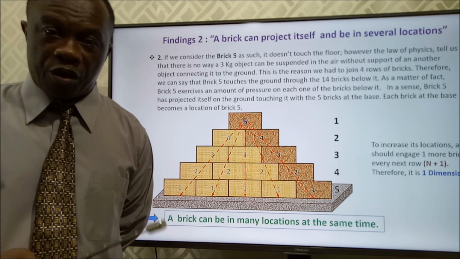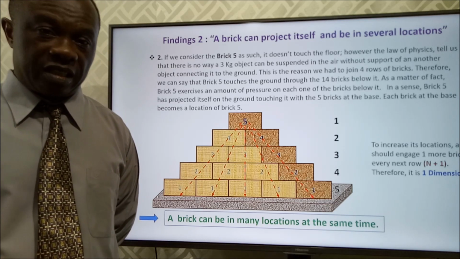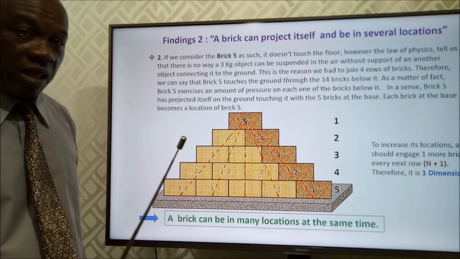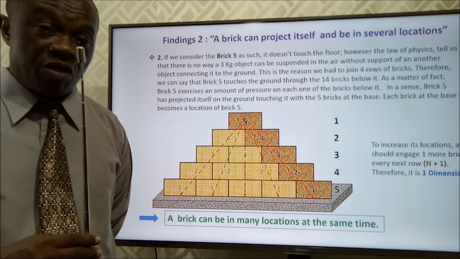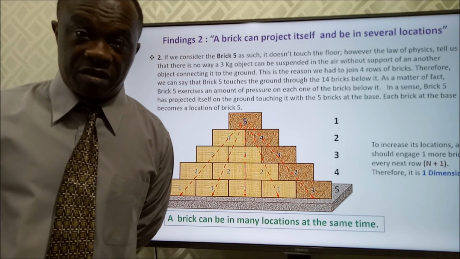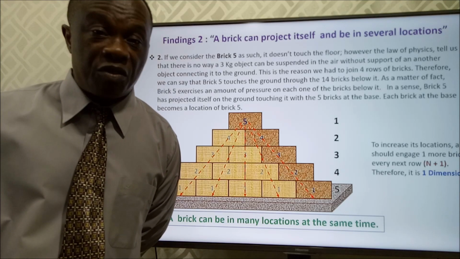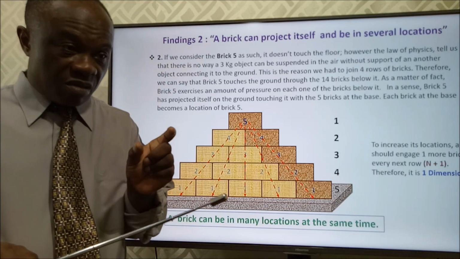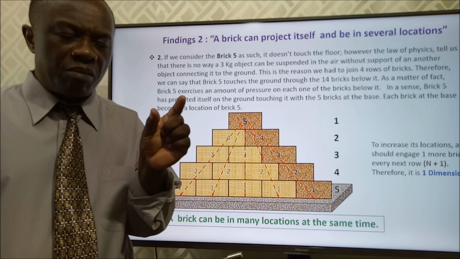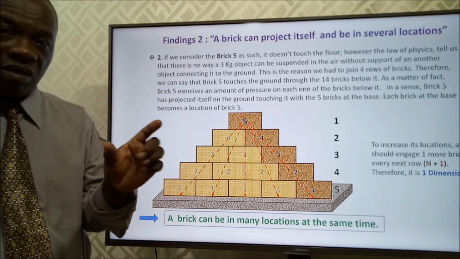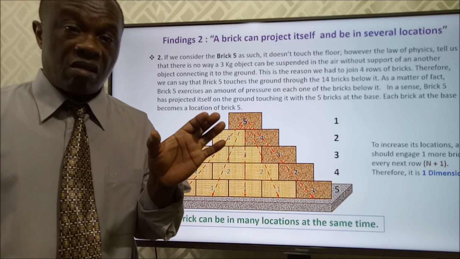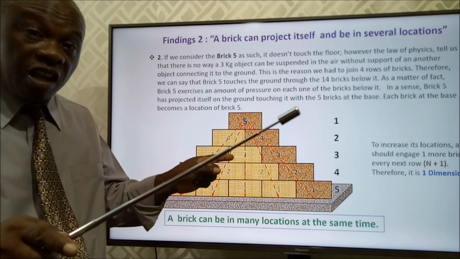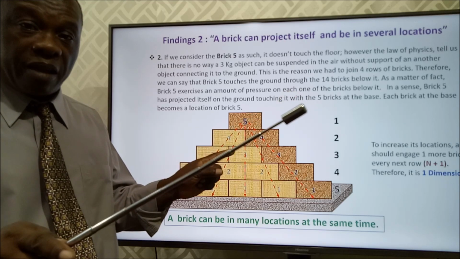But recently I read on the internet that an experiment has been conducted at Vienna University and Tel Aviv University, where they let molecules pass through the slits, and they realized that even molecules can be in many places at the same time.